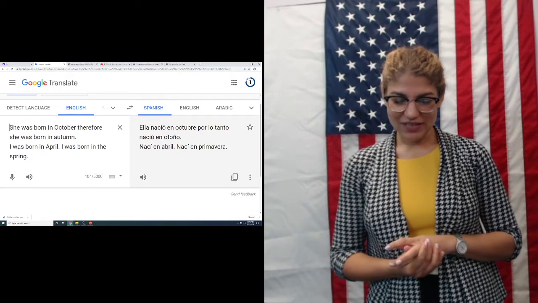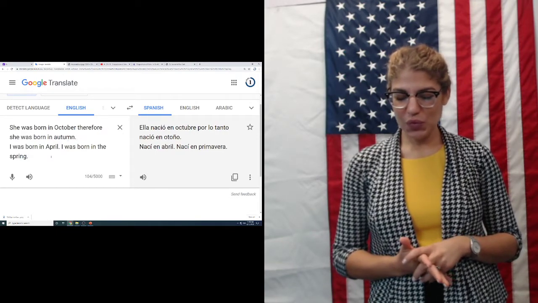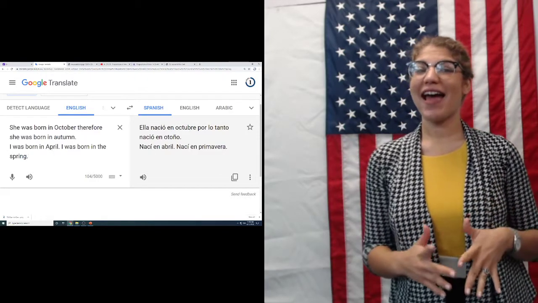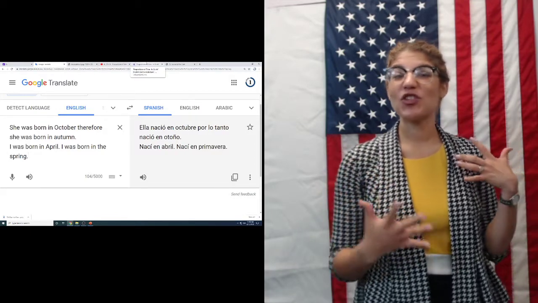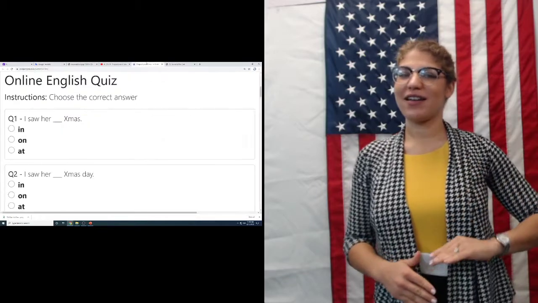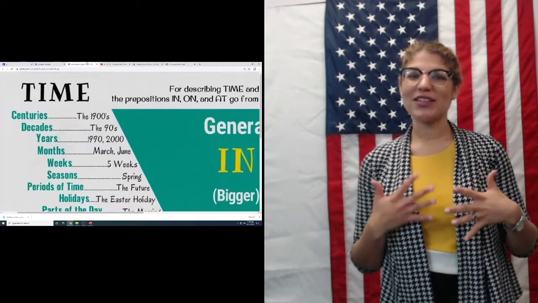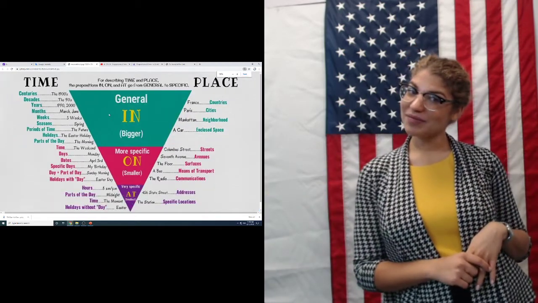So now, let's look at our picture that shows all of the times to review why we use in, on, and at. We have a really nice visual to show us an example of in, on, and at.